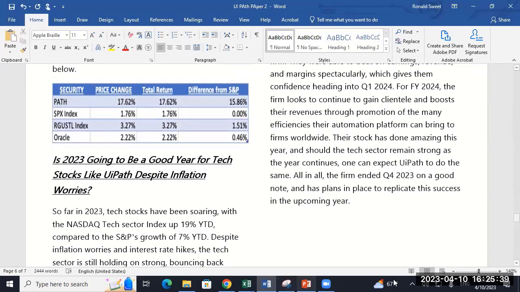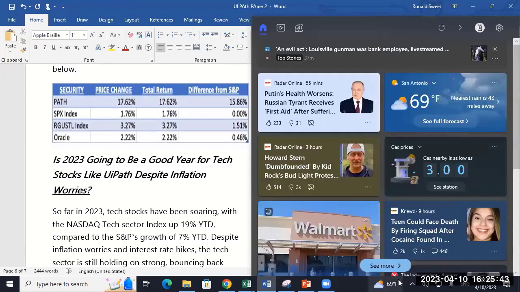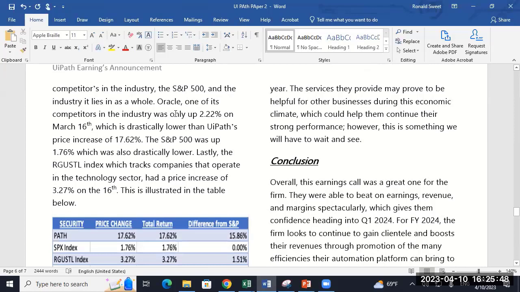So yeah, when you're up 17%, it's pretty obvious it's responding to your earnings. I think he's maybe making it a little too strong that 2.2% was not strong or disappointing. So I might say it more like they're up a whopping 17.6%.